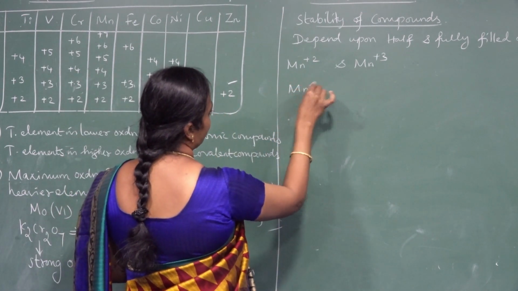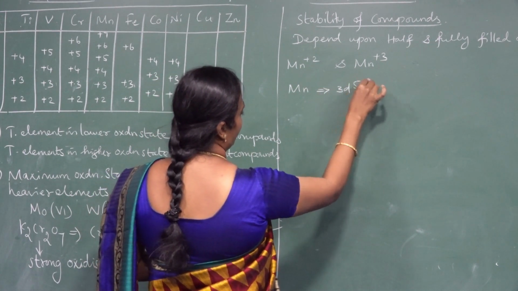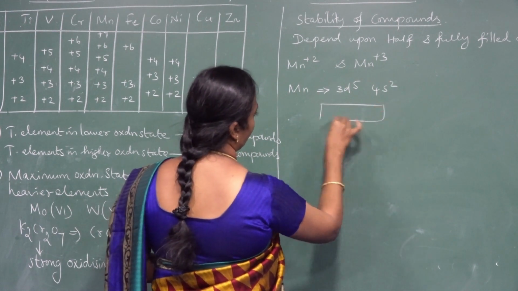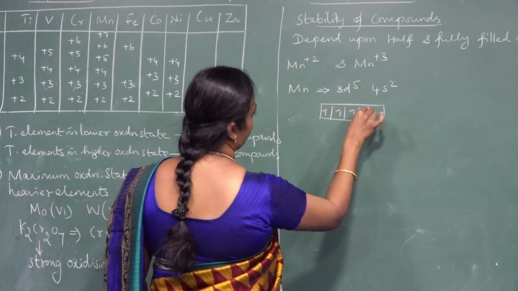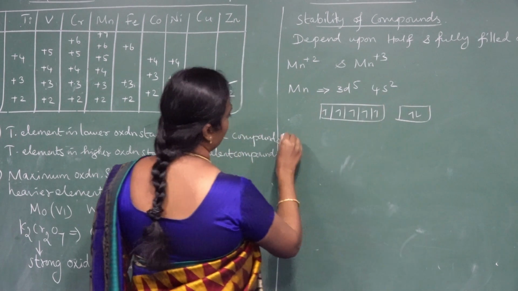In manganese, the outer electronic configuration is 3d5 4s2. So this is 3d5 and 4s2, 2 electrons.